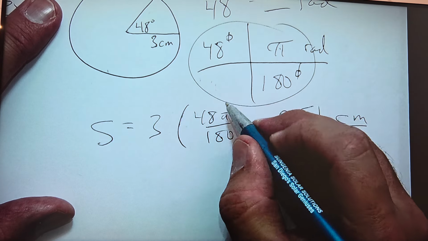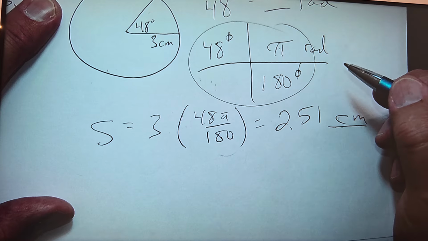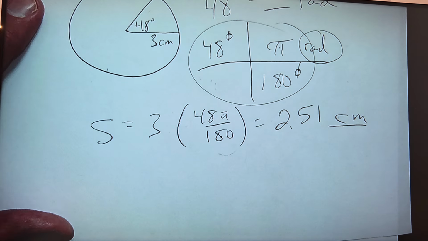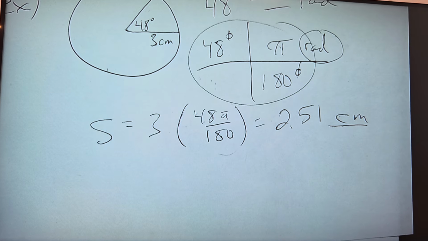By the way, real quick. In here, what's the only unit? Radians is the number of radiuses. In a sense, it's not really a unit, because it's just the number of radiuses. So when I have 3 centimeters, that takes over.